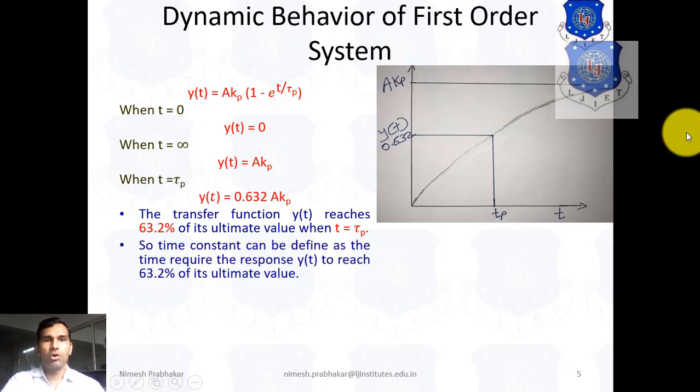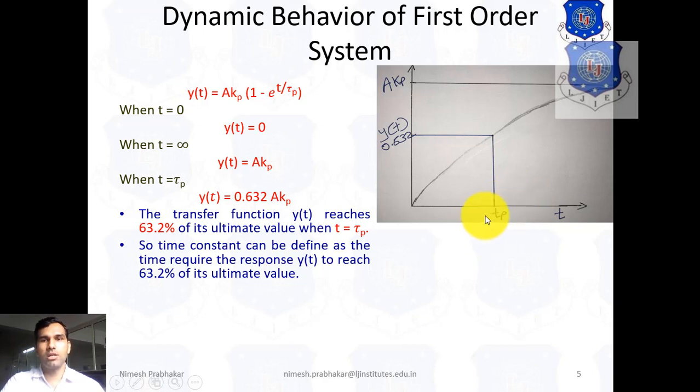Now, the time constant can be defined as the time required for y of t to reach 63.2 percent of its ultimate value. That means this is the importance of the time constant in any system.